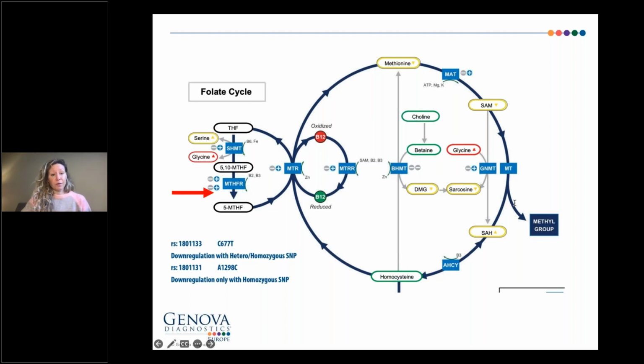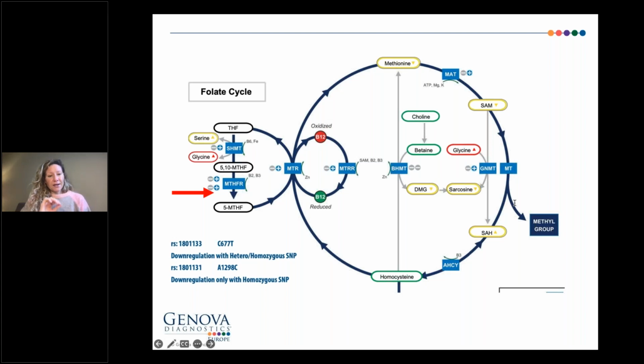You will recall that the MTHFR enzyme converts 5,10 methylene tetrahydrofolate to 5-methyl tetrahydrofolate, and this step activates folate to be used for homocysteine conversion to methionine, meaning that if these SNPs are being expressed, this leaves less methylfolate available to convert homocysteine to methionine.